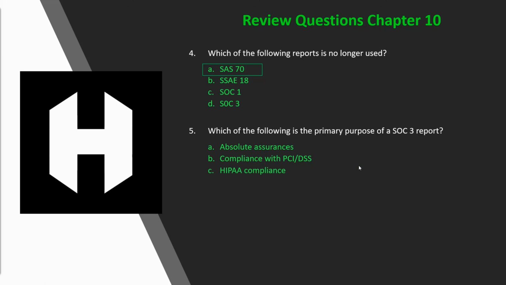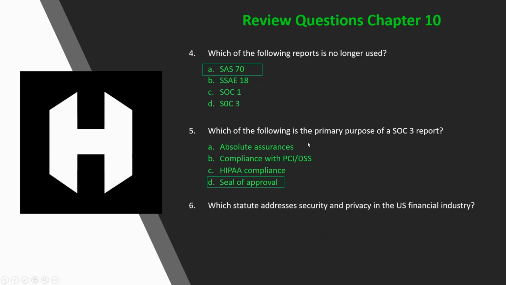C. For HIPAA compliance. Or D. For a seal of approval. If you said D, seal of approval, you would be correct. Question 6. Which statute addresses security and privacy in the U.S. financial industry? A. GLBA. B. FERPA. C. SOX. Or D. HIPAA. If you said A, GLBA, you would be correct.